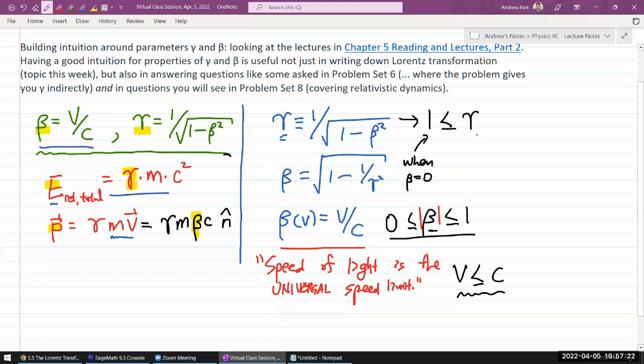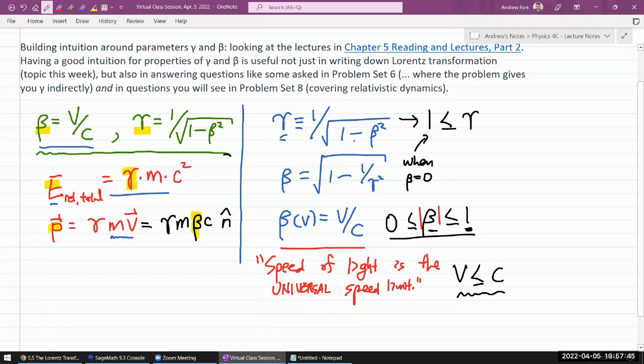And in terms of upper limit, I hope you see that as beta approaches 1, not when it's equal to 1, because then you're dividing by 0, but as beta approaches 1, you get 1 minus a number ever getting closer to 1, so it's a very small number.